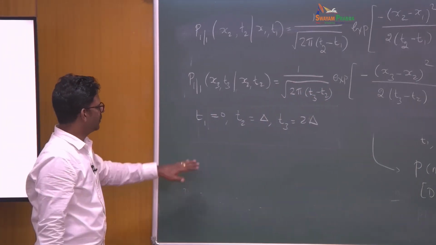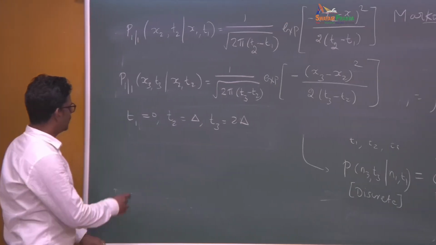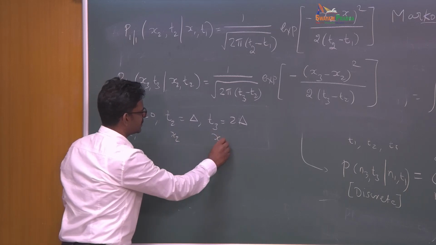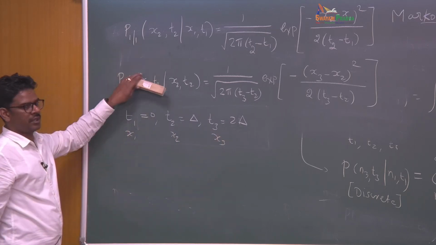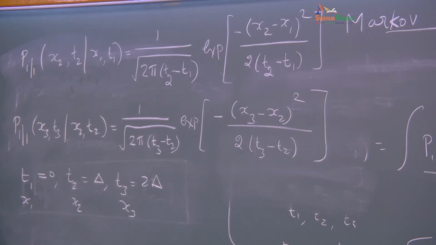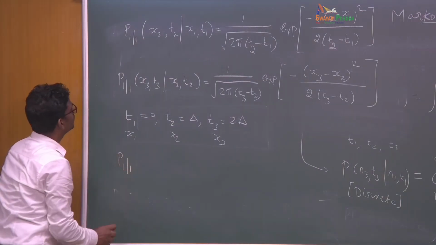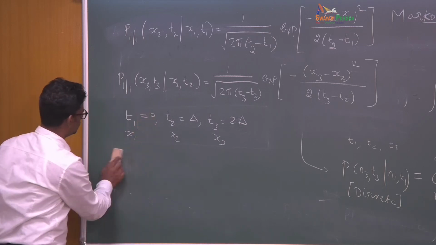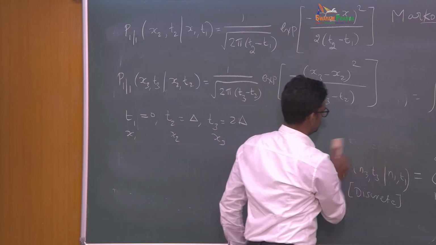Now if I choose this, we again maintain that at t1 you have x1, at t2 you have x2, and at t3 you have x3. So we can rewrite these equations with this choice of time intervals. Maybe we can directly substitute in the equation here.